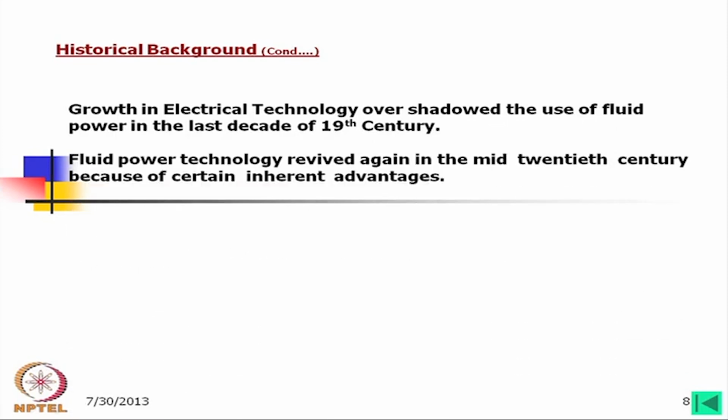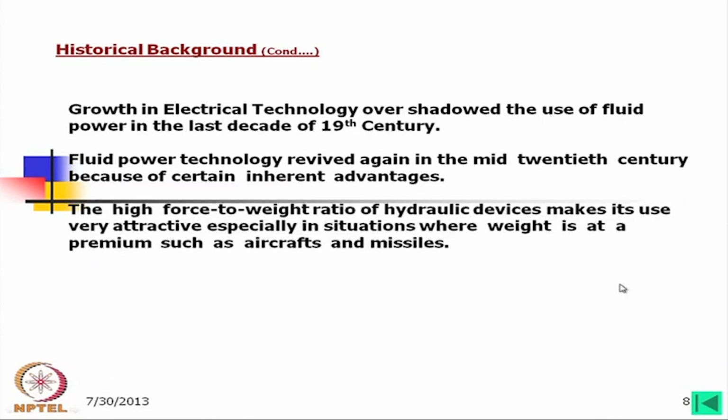Fluid power technology revived again in the mid 20th century because of certain inherent advantages. The high force to weight ratio of hydraulic devices makes its use very attractive, especially in situations where weight is at a premium, such as aircrafts and missiles.